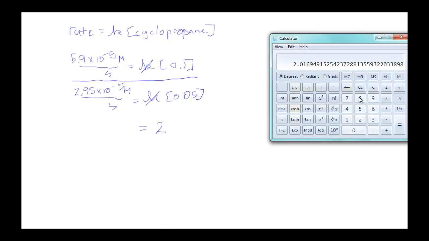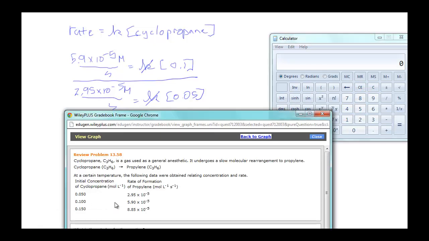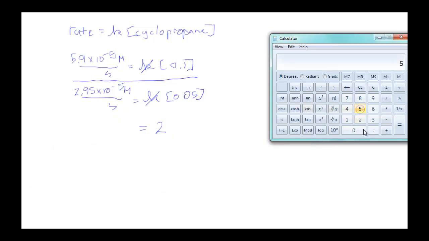Let's just clear this. Is it 5.9 or 5.95? I can't remember. 5.9. So 5.9 times 10 to the minus 5, divided by 2.95 times 10 to the minus 5, is 2.